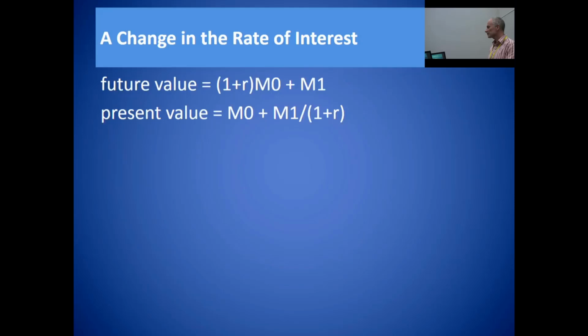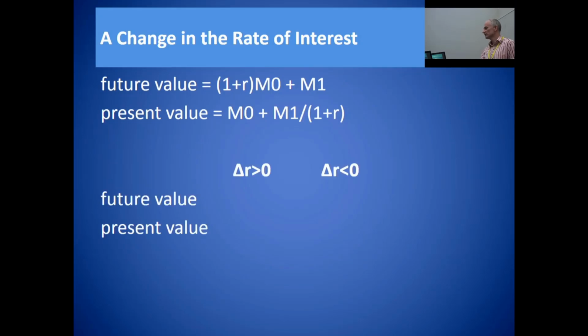So, that's just to remind you what these future and present values were. I just want to say, well, what would happen to each of these components as the rate of interest increased or the rate of interest decreased? Now, we'll concentrate upon increase in the rate of interest first of all, and decrease is just the reverse. So, what would happen to the future value as the rate of interest went up?